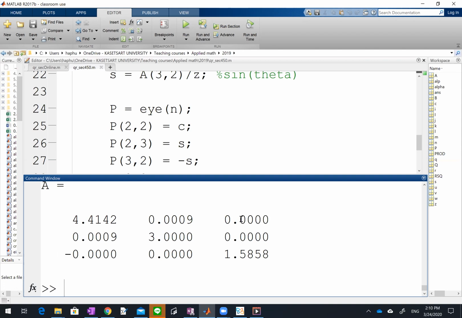If you have an output that looks like that, in which all the other numbers in the same row and the same column are 0, that number is actually an eigenvalue of the matrix. So we can get the first eigenvalue to be 1.5858.